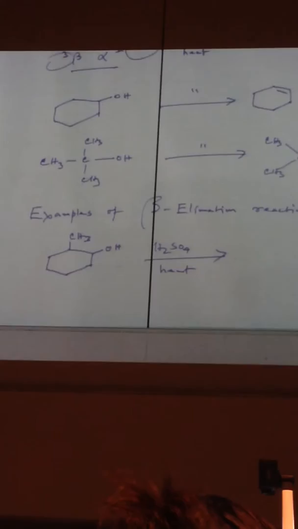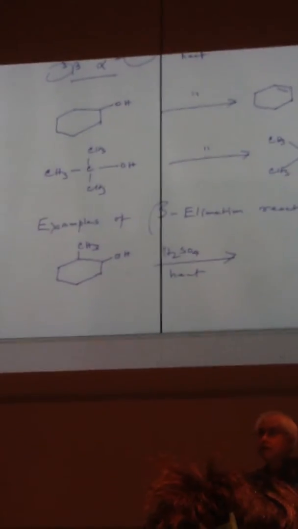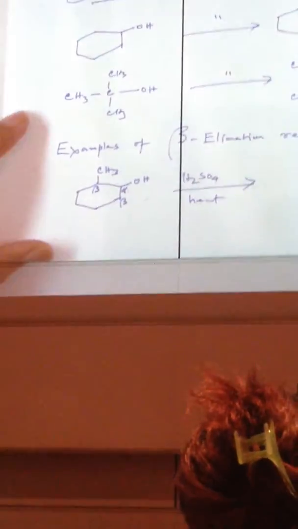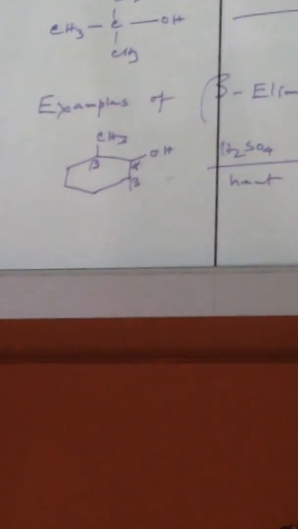And now you can see that there are two products possible from this one, because the two beta carbons, okay, from which the hydrogen would be abstracted are not identical. In this case, this is the alpha carbon, this is a beta carbon, and this is also a beta carbon. Now, therefore, that gives you two completely different products.